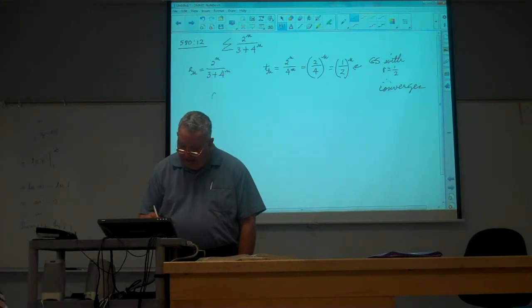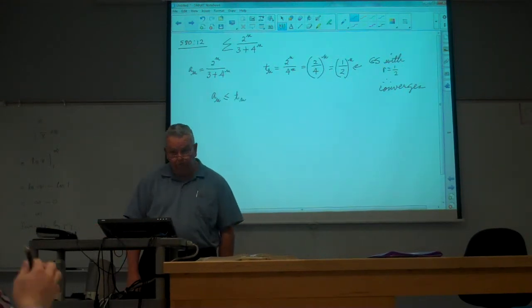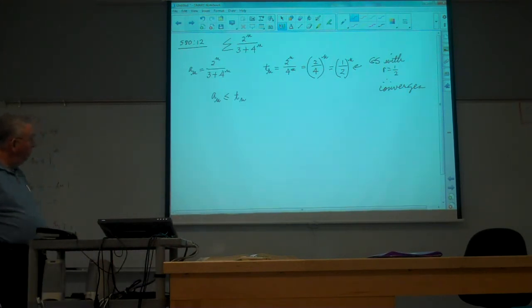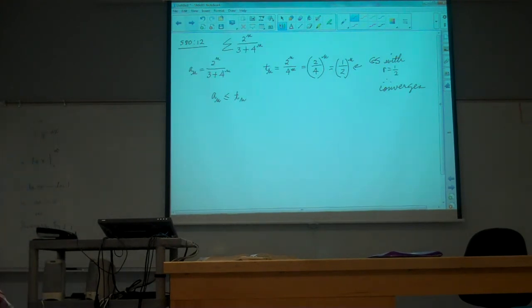would you say that A sub n is less than or equal to T sub n for every value? Do you agree the numerators are the same? Yes or no? The numerators are the same. Which one of them has the smallest denominator? T sub n, right? And doesn't that mean that if it has the smallest denominator, then the whole fraction is the largest?